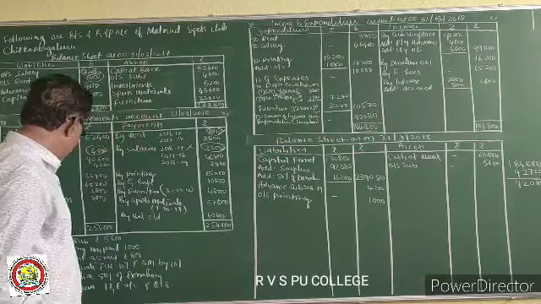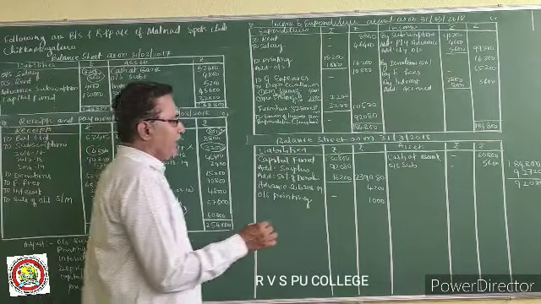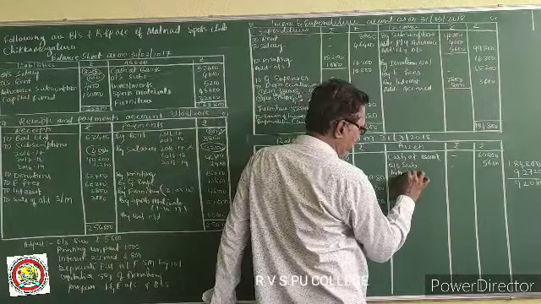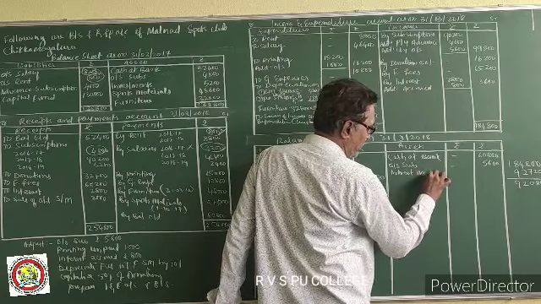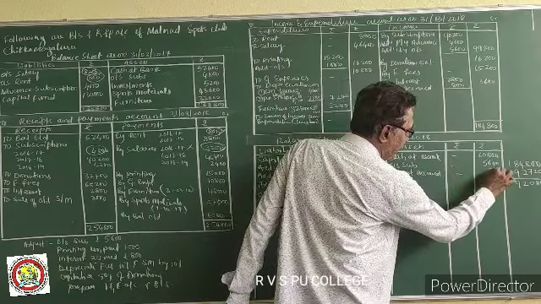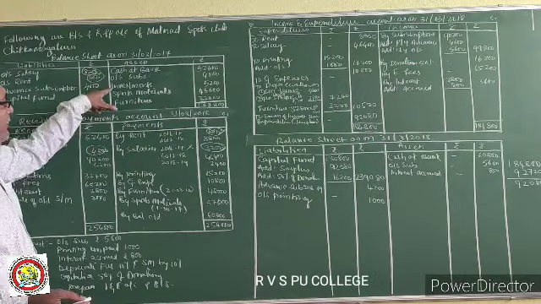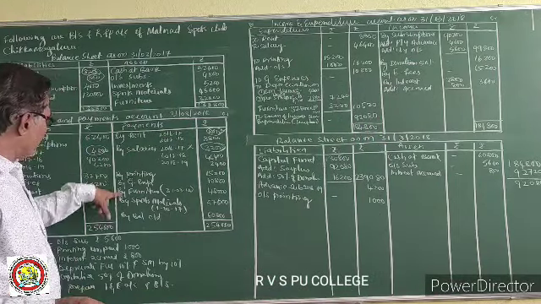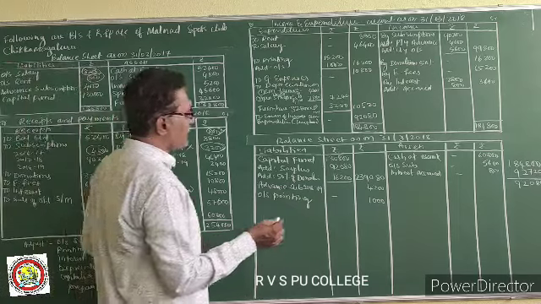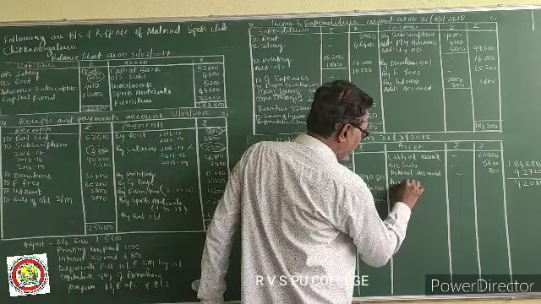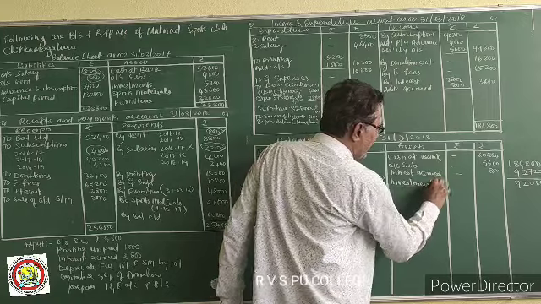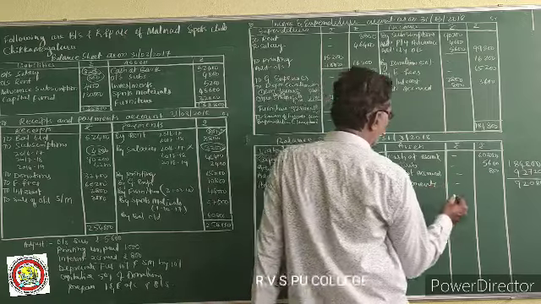And next, interest accrued 800. Investments: here no other investments are there. So investments is 5,200.